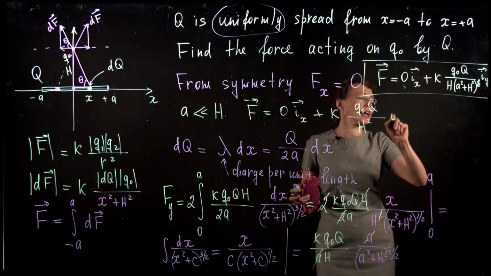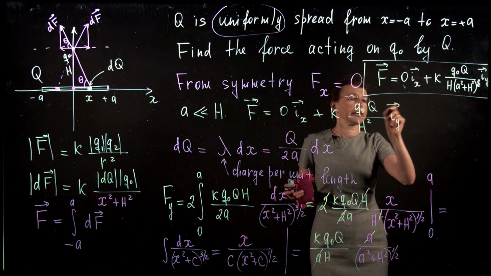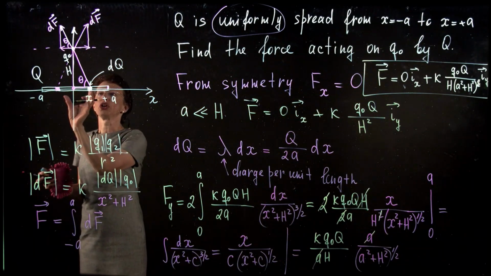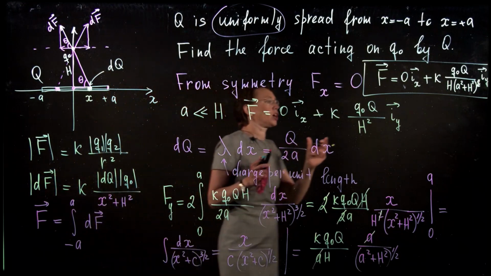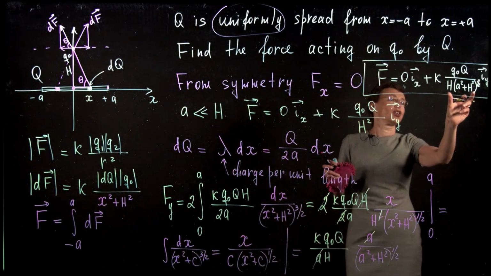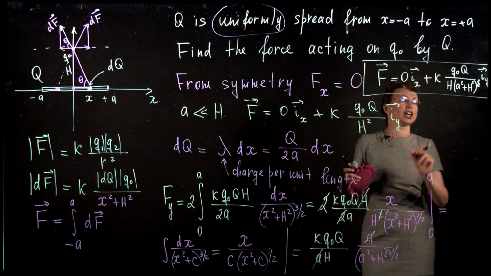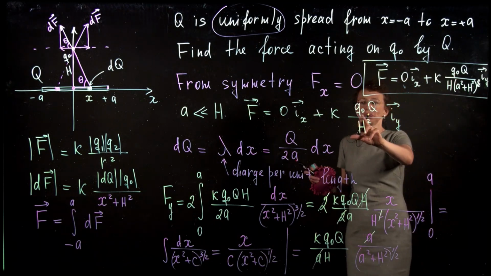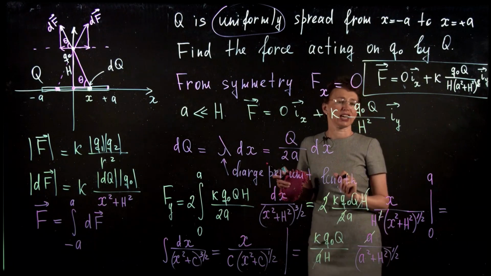And this is exactly what we expect, because when we bring q naught far away from q, q acts as a point charge. So we'll just get the force between two point charges q naught and q: k q naught q divided by h squared.